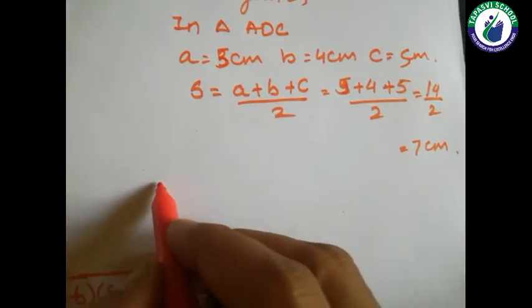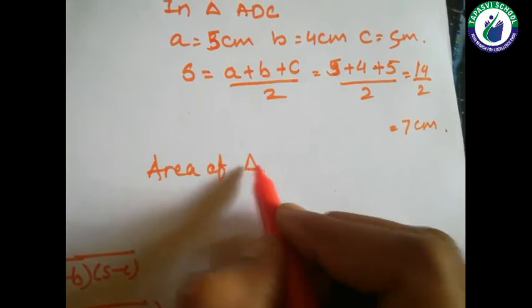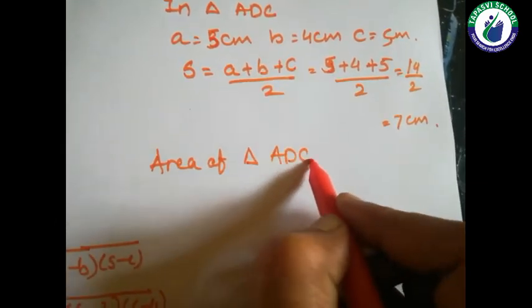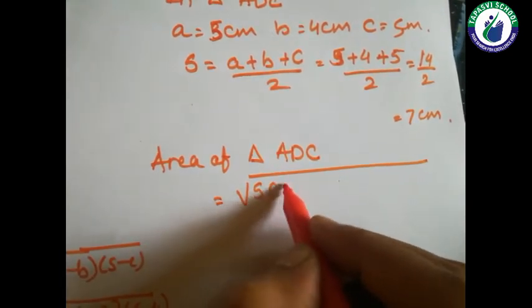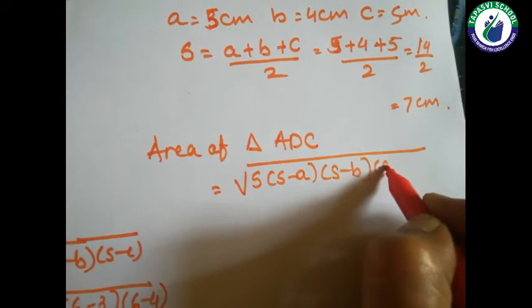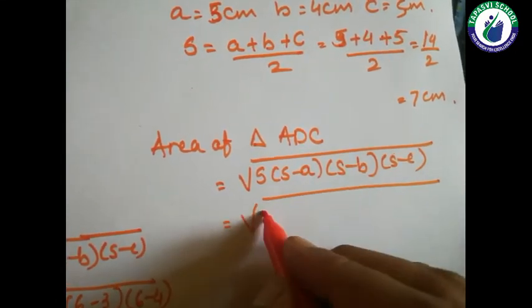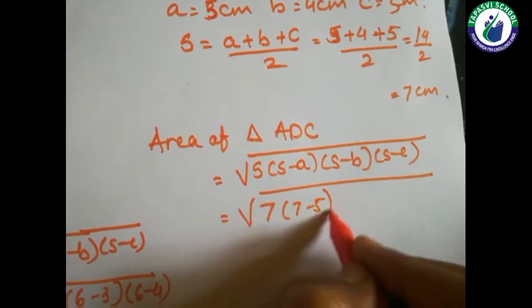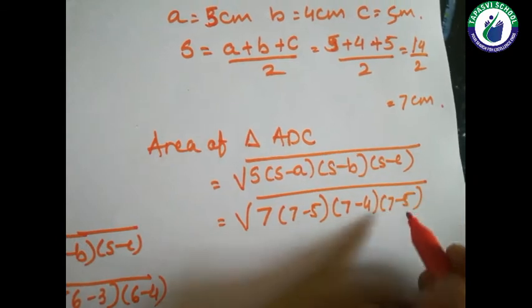Now again apply. Area of triangle ADC is equal to the square root of S minus A, S minus B, S minus C. S is 7, 7 minus 5, 7 minus 4, 7 minus 5.